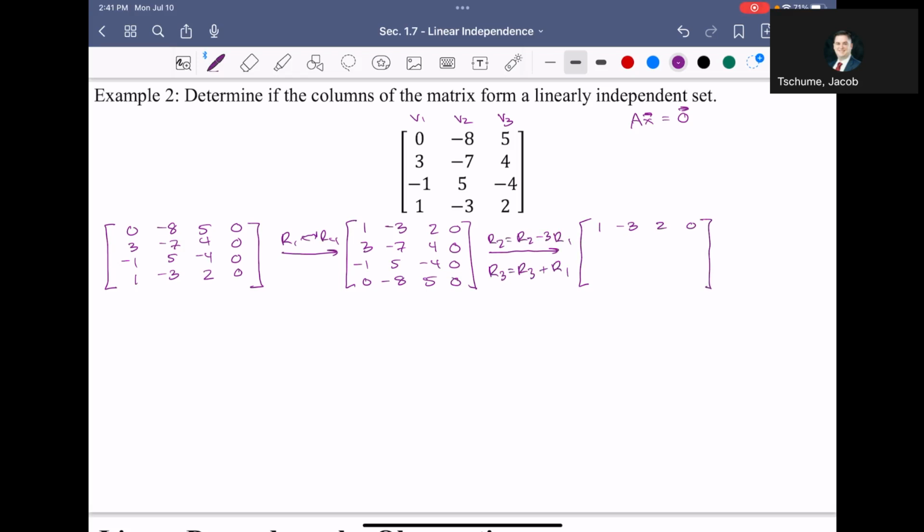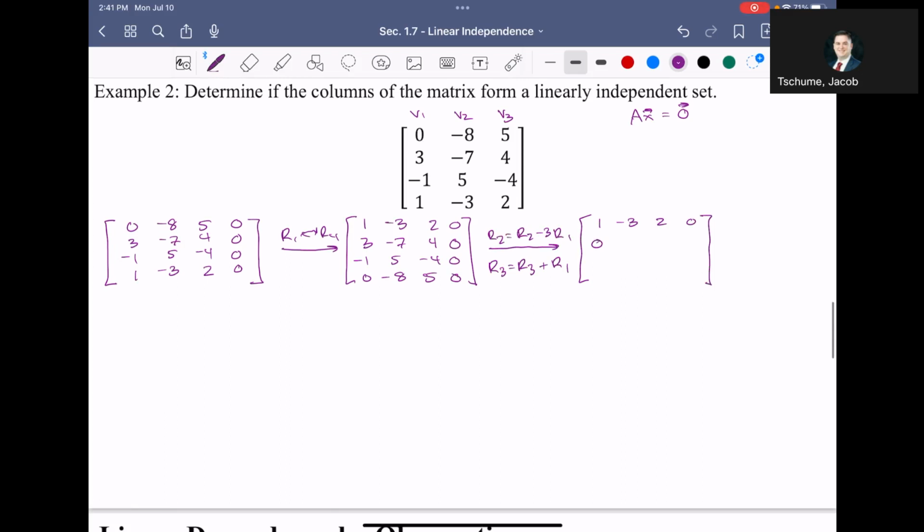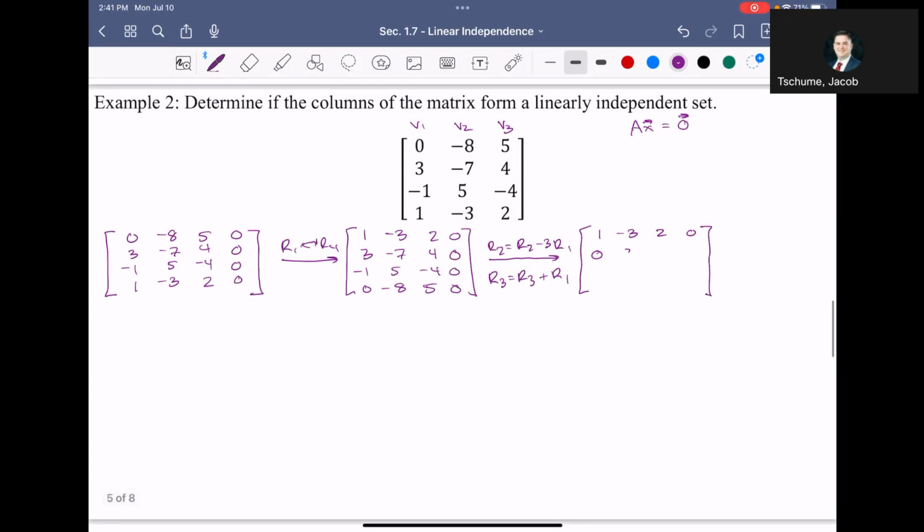For row 2, I'm going to end up getting 0. Let's see, that's -7 plus 9, which is 2. And then 4 minus 6 is -2, 0. For row 3, I'm going to add the top row to it. So that would be 0, 2, -2, 0, and then 0, -8, 5, 0.